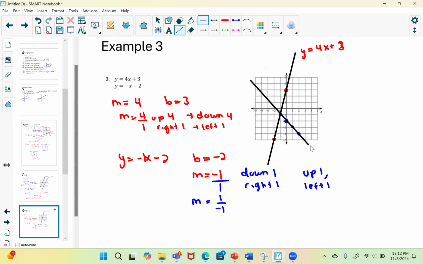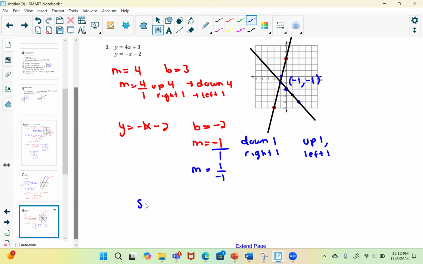Okay. And just if we count, we're more likely to get it exact. For the solution, we find that point. So this point, the x value is negative 1, okay, because it goes here. The y value is also negative 1. So my solution is negative 1, negative 1.